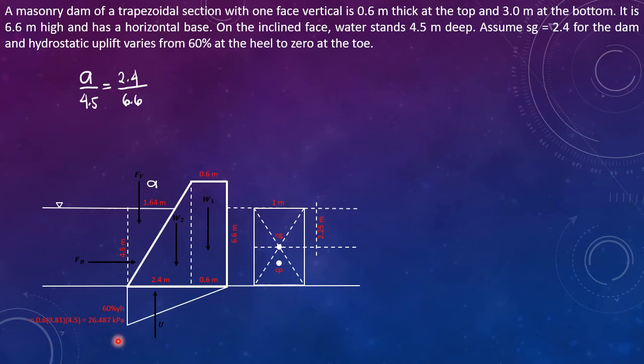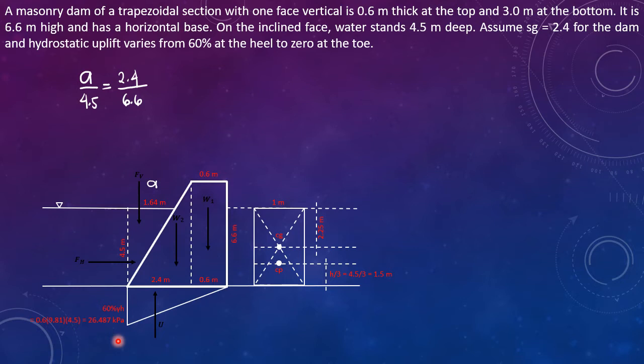You just have to remember that for rectangles, the center of pressure is always located h/3 from the bottom. So that is 4.5 divided by 3. The center of pressure CP is located 1.5 meters from the bottom of the rectangle. So that is the horizontal force acting on the dam.